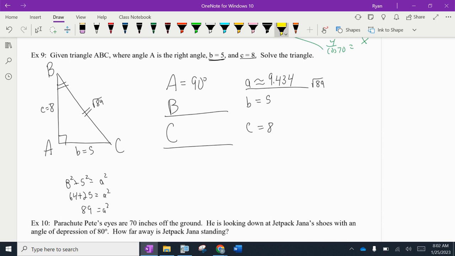Here's where we go back to the world of trig. Relative to this angle B, label little b and little c in terms of opposite, adjacent, and hypotenuse.